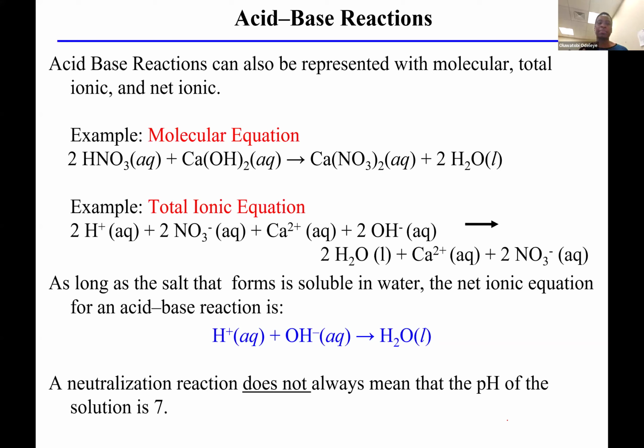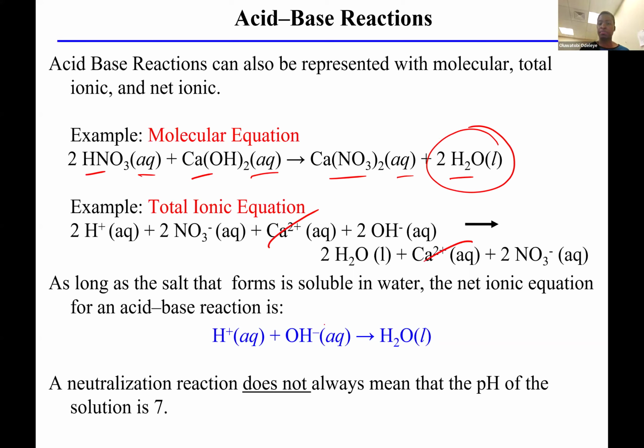For example, HNO3 combines with calcium hydroxide to give me calcium nitrate and water. This is my molecular equation. I can then take my aqueous things, break them up into ions, and leave everything else together, so the liquid would stay together, to get my total ionic equation. Do you see spectator ions?